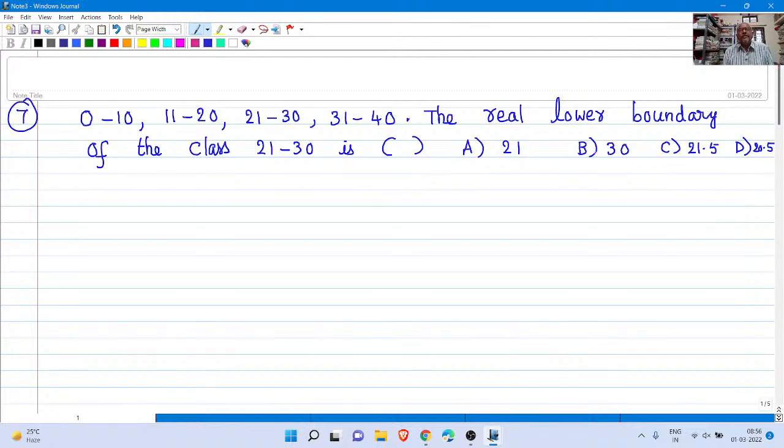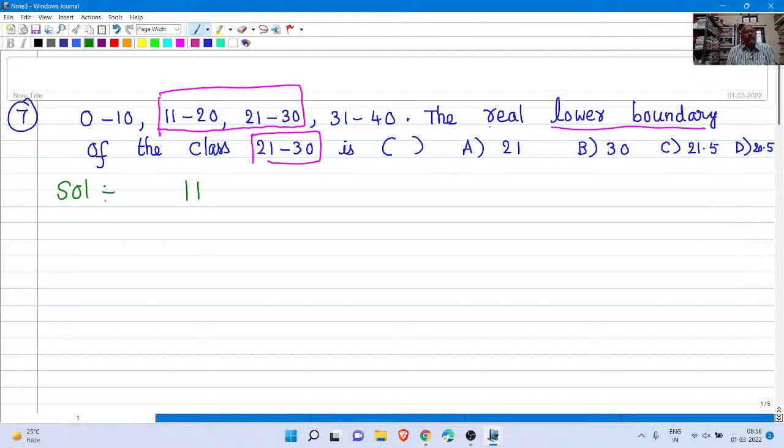So my dear students, you need to find the real lower boundary of the class 21 to 30. First of all, you consider these two class intervals. First you write down 11 to 20, and below it 21 to 30.